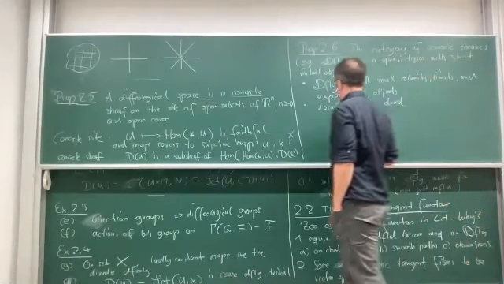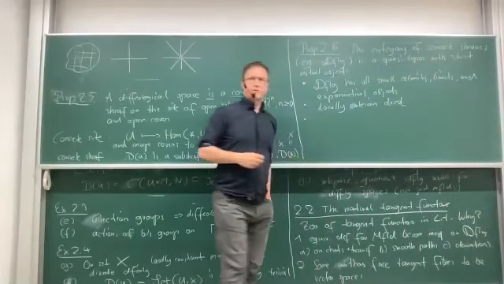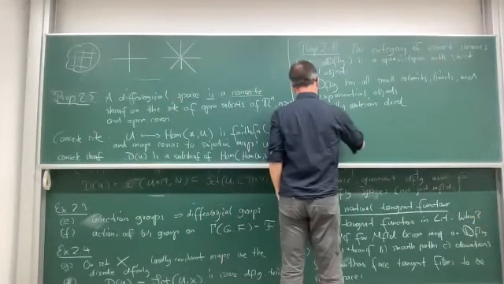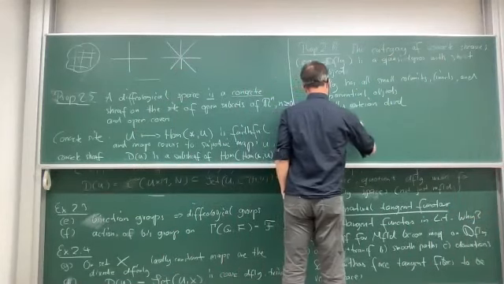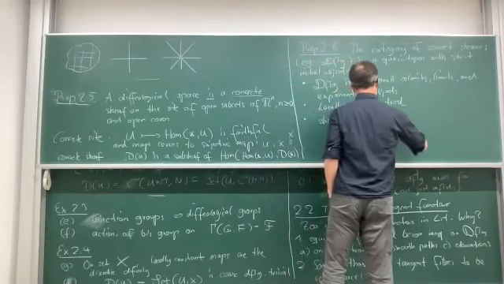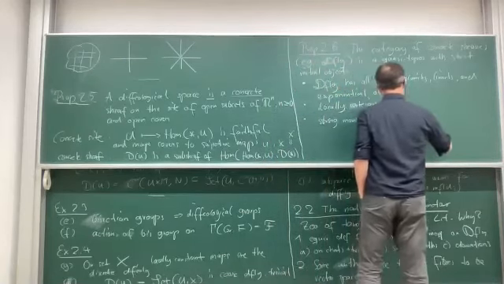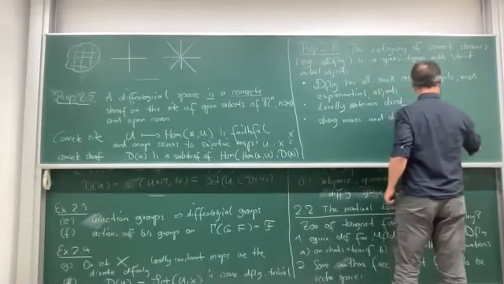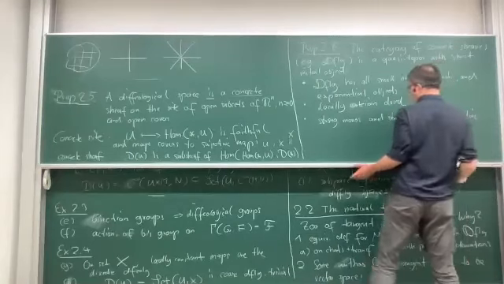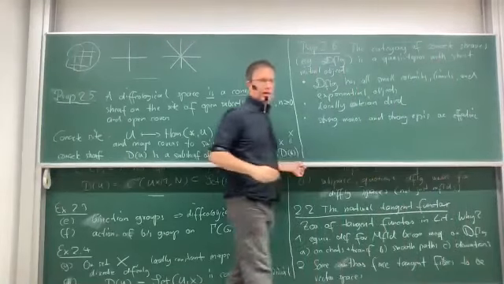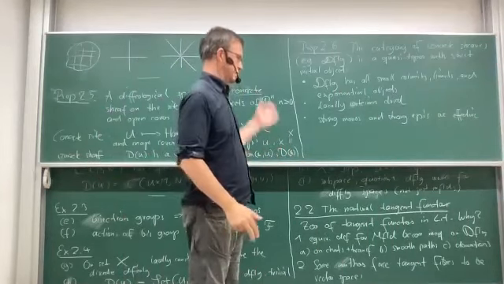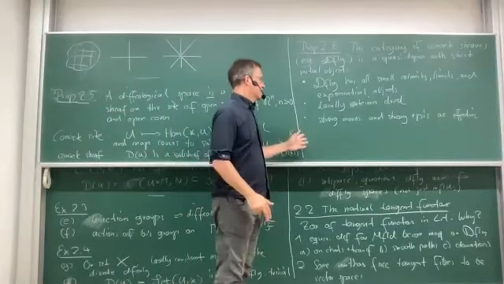Then your monomorphisms and epimorphisms are really nice. So the strong monos and strong epimorphisms. A strong mono has the left lifting property with respect to all epimorphisms.